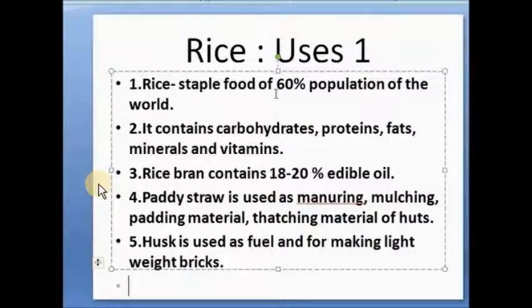Nowadays, this oil is available in the market on a large scale, and this oil is considered to be healthier than other oils available in the market. It is also believed that cholesterol level can be maintained by consuming this rice bran edible oil. Another use is that the straw of paddy is used for making manures, green manures.